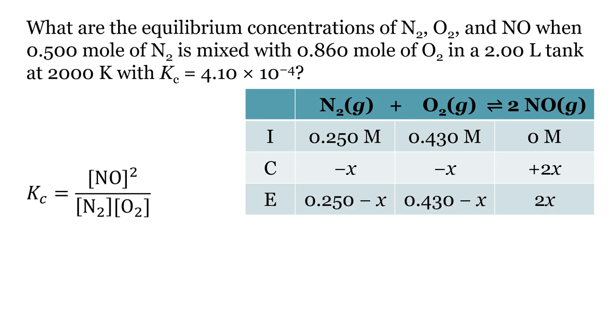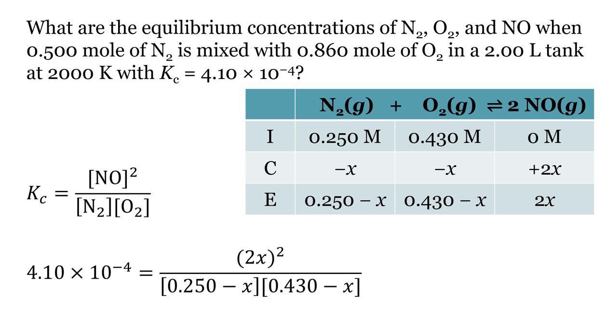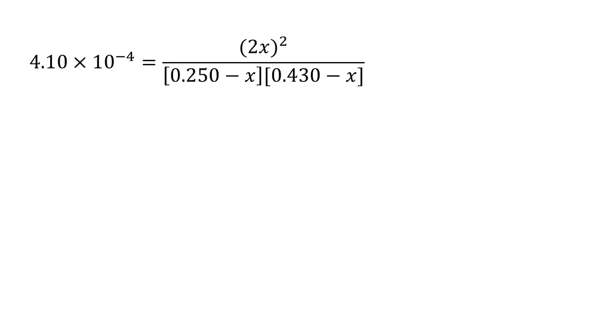We see that K sub C is equal to the concentration of nitrogen monoxide squared over the product of the nitrogen and oxygen concentrations. Trading out concentrations for our equilibrium expressions, we get this equation that we have to simplify in order to solve for X. Let's move that equation to a clean page.